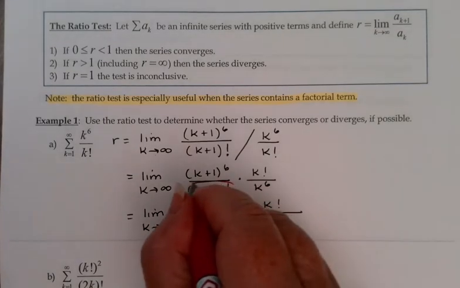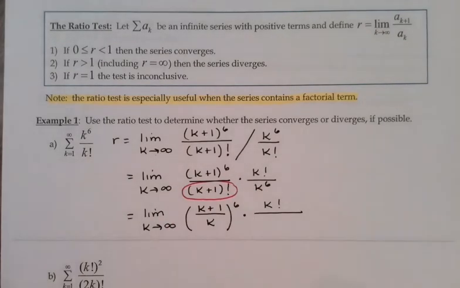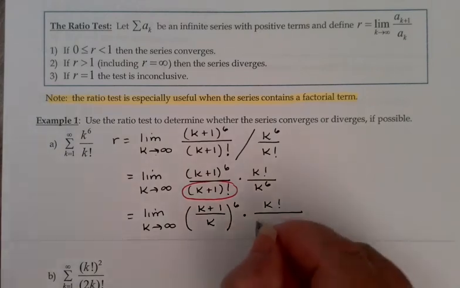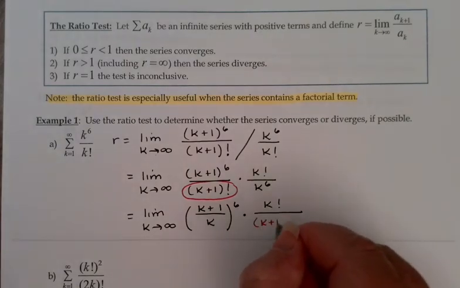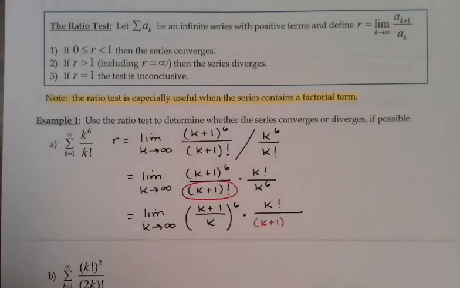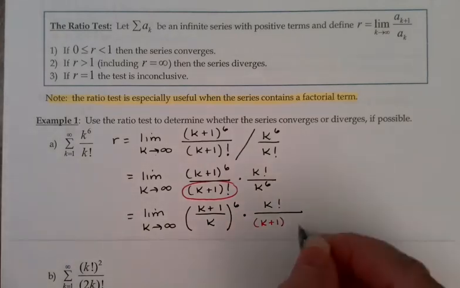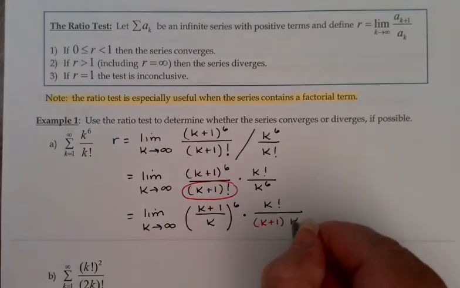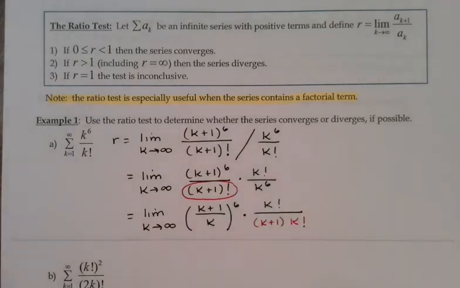And now, what I'm going to do with this k plus 1 factorial is going to help a lot. We know that to evaluate k plus 1 factorial, I would just multiply, right? It would be k plus 1 times k, times k minus 1, and so on. The rest of this would actually just be k factorial, right?